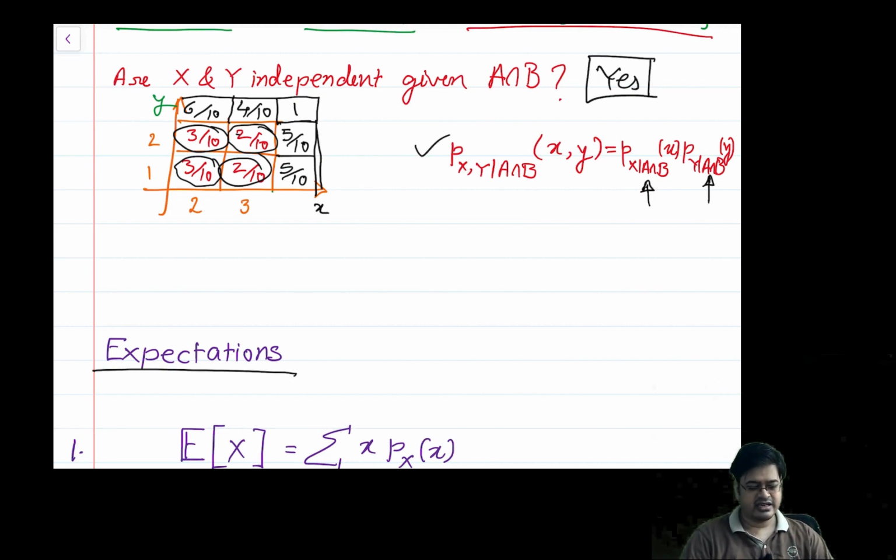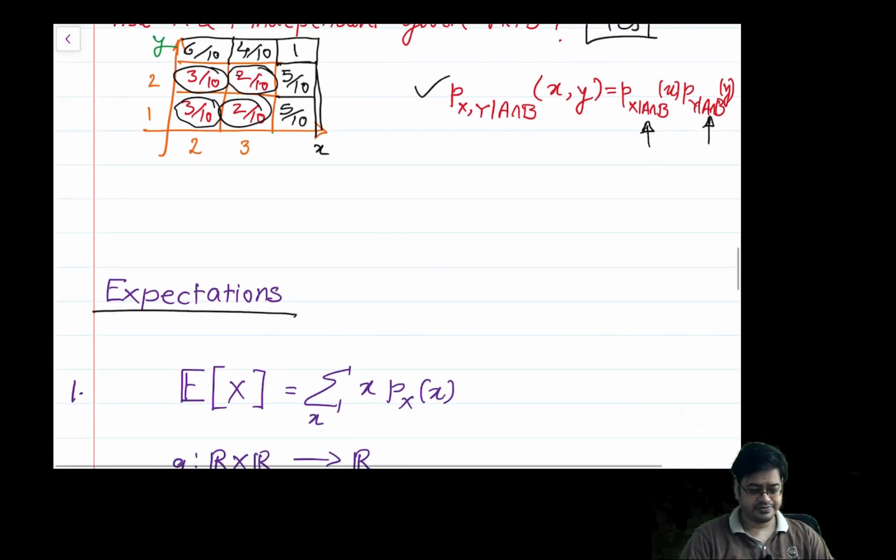How will I do that? Let us see first what I know. I know the expected value of x is defined as the summation over x of x times Px(x).